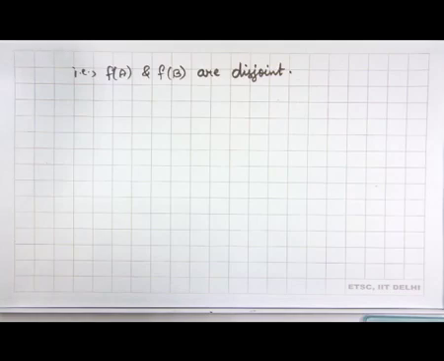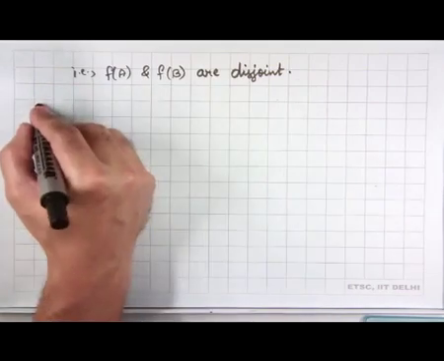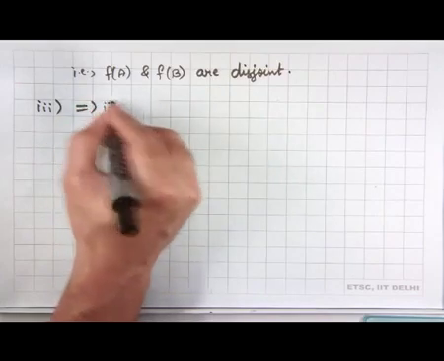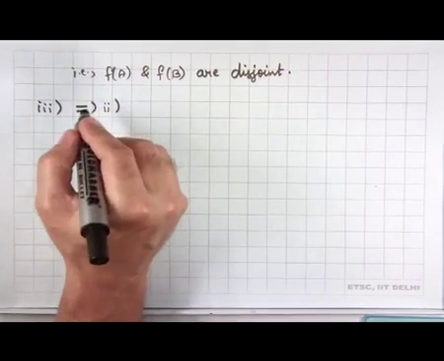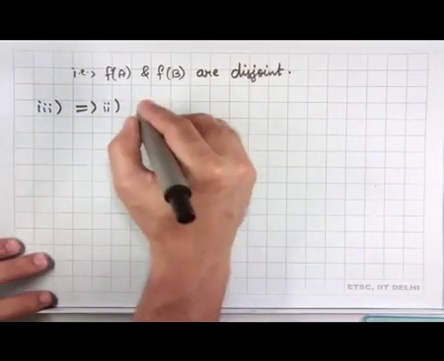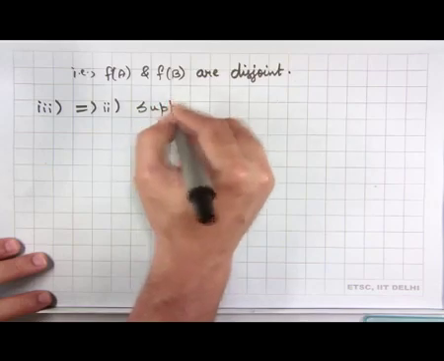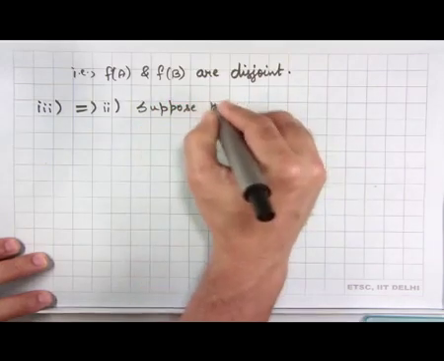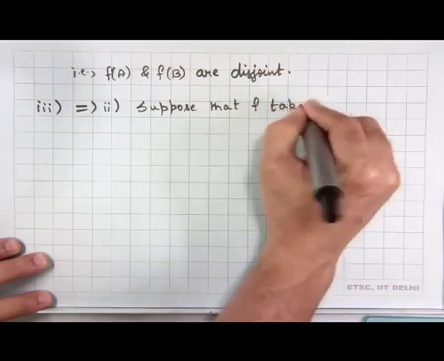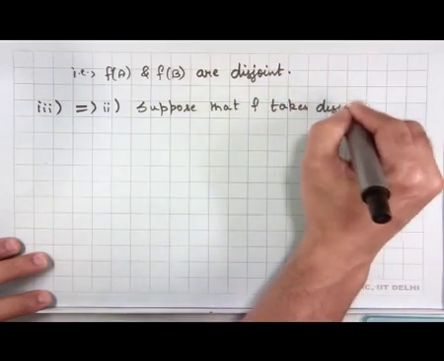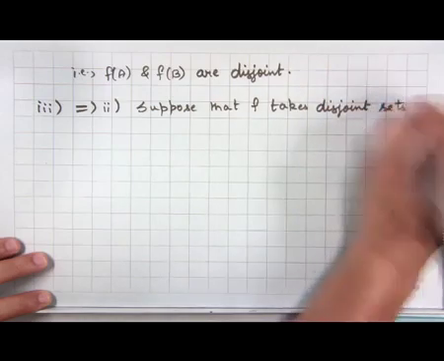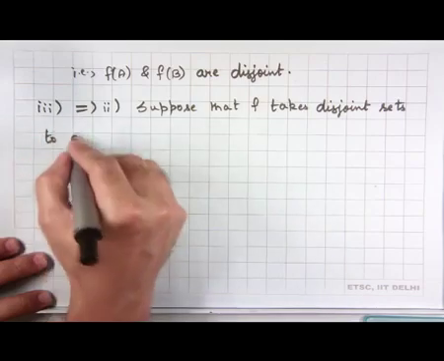Having said these two, now let us prove the third equivalence. 3 implies 2. Suppose that f takes disjoint sets, 2 disjoint sets, to disjoint sets.